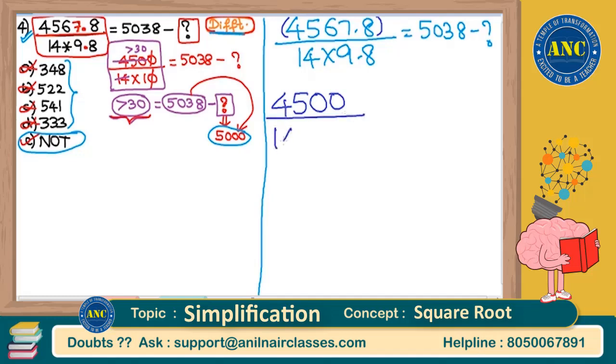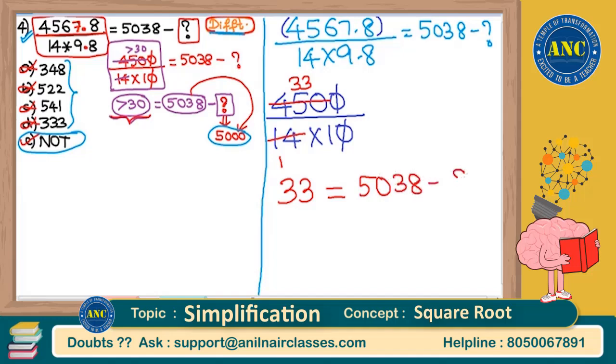Similarly 9.8 I will approximate to 10. Now think logically, Mahananda. 0 will get cancelled. 14 into 1 is 14. 14 into 33 is 450, right? My left hand side is 33. The right hand side is 5038 minus question mark.